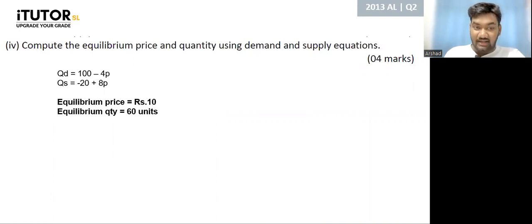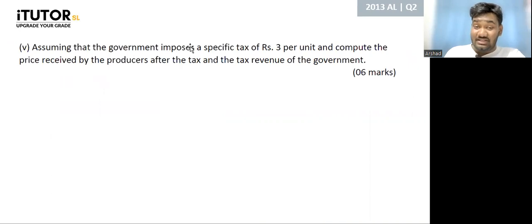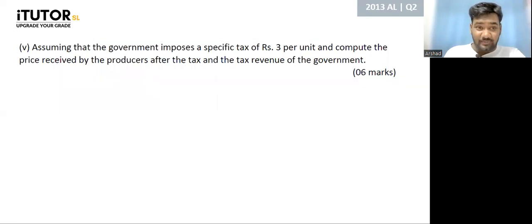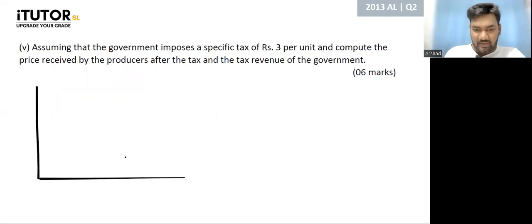Okay. Done. Assuming the government imposes a specific tax of 3 rupees per unit, compute the price received by the producer after the tax and the tax revenue of the government. There's a lot to do here now. Okay. So remember I told you when you get a question like this, you always draw and see. So you have the demand curve. You have the supply curve.